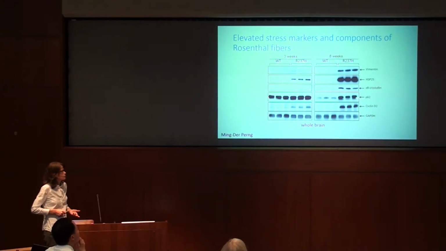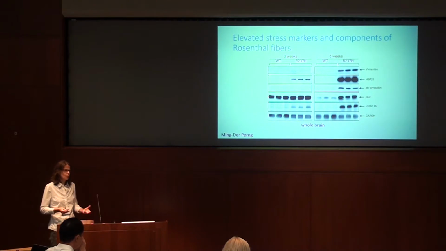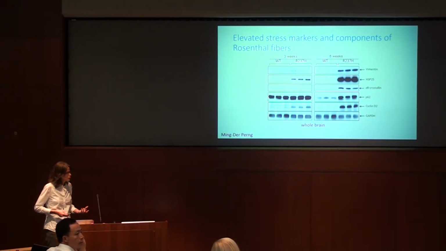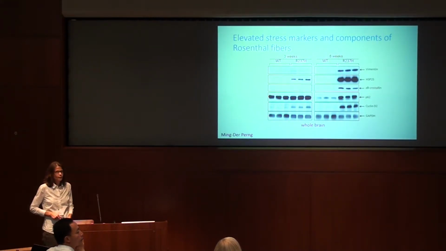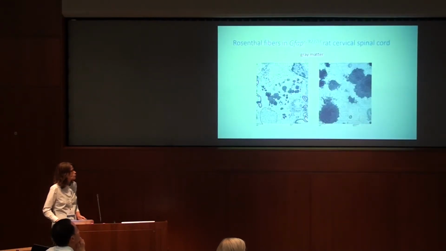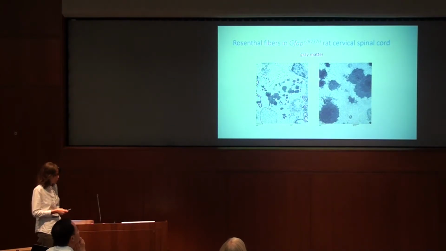These are also components of Rosenthal fibers, and other stress proteins are elevated. And this is important to show because it validates the model. These are things we predicted would be elevated based on studies of human tissues and our mouse models, and we see that they're also elevated in the rat. And of course, they have the clumps of protein.